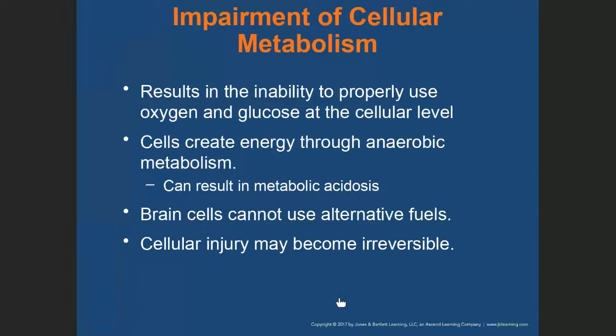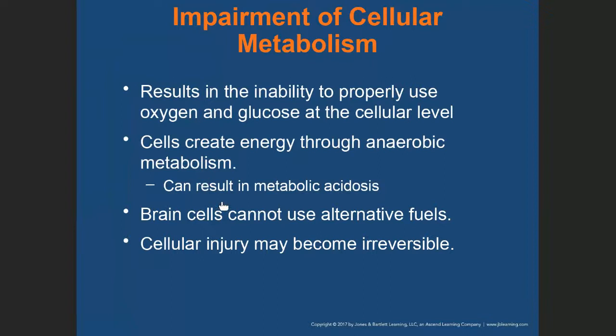Now, impairment of cellular metabolism. It results in the inability to properly use oxygen and glucose at the cellular level. Cells will create energy through anaerobic metabolism, and this leads to a metabolic form of acidosis.